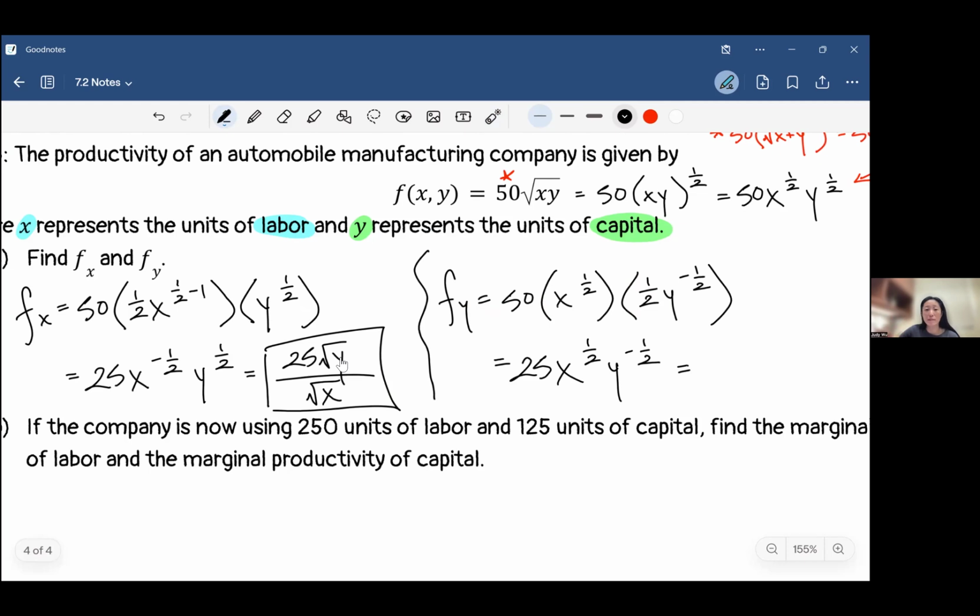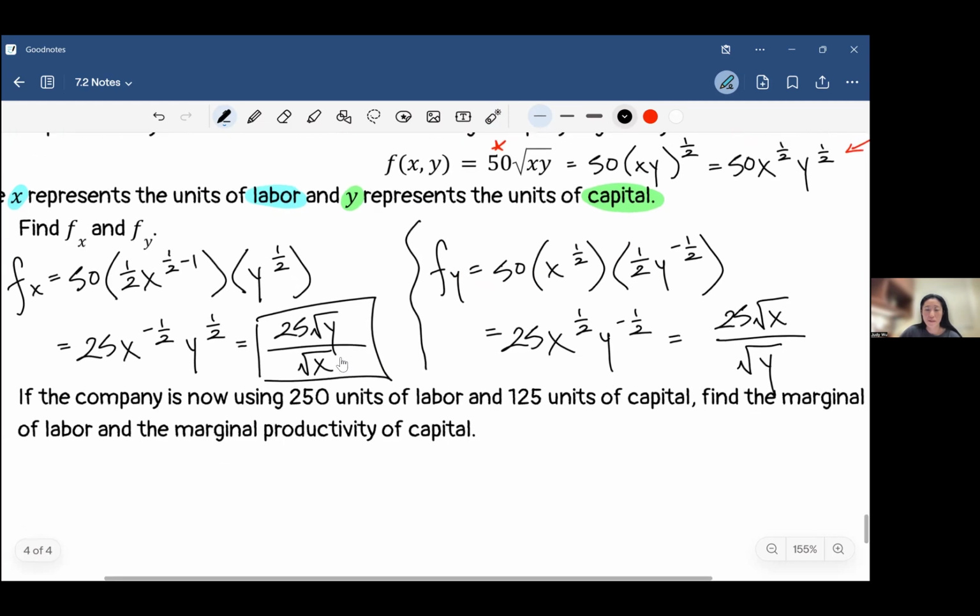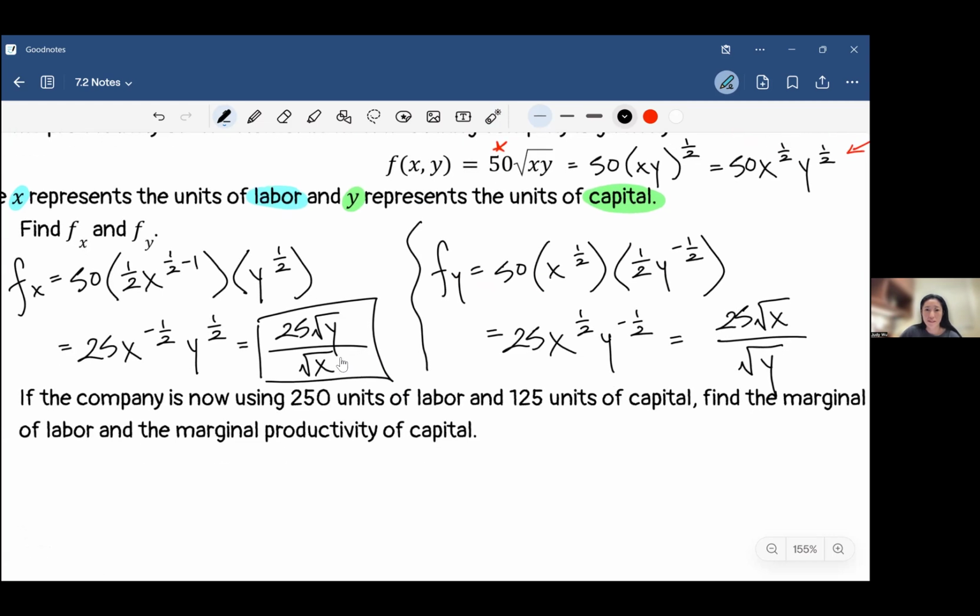And if we rewrite this carefully, we have 25 square root of x on the top and square root of y on the bottom. Okay. All right. We got our fx, we got our fy. Now let's plug in some numbers and see what this is telling us.